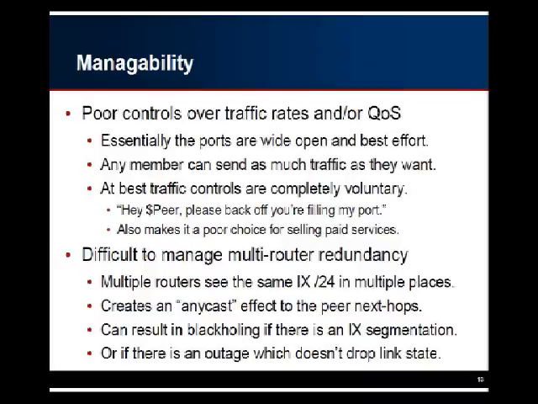Or if there's any kind of issue where you don't lose link state, but you keep the port up, but it's not passing traffic for whatever reason, you're going to black hole traffic, even if it's a single place like this. And really the workaround for that, BFD, is not widely implemented on exchange points.